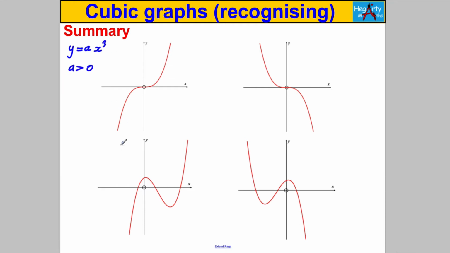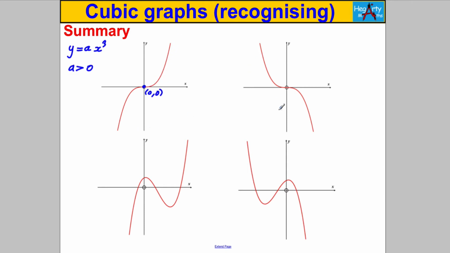Alright? A must be a positive number. And the key features about graphs like this is they start down here where x is negative, y is very negative. They come up here and they go through 0, 0, that's very important, and then they shoot off to infinity. As x goes very big, y goes hugely big.